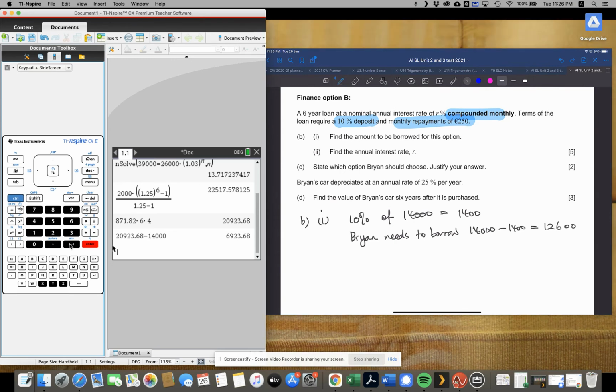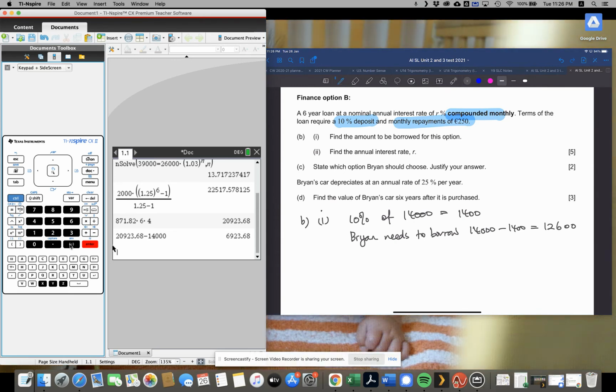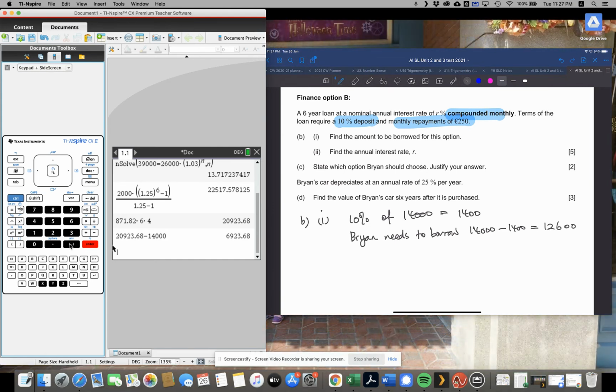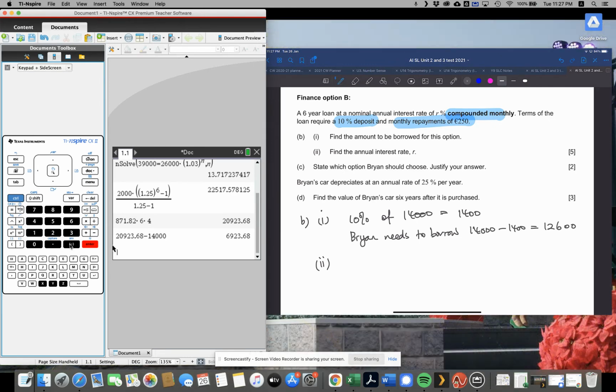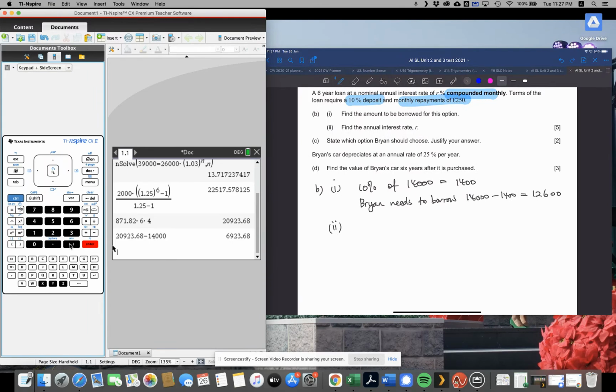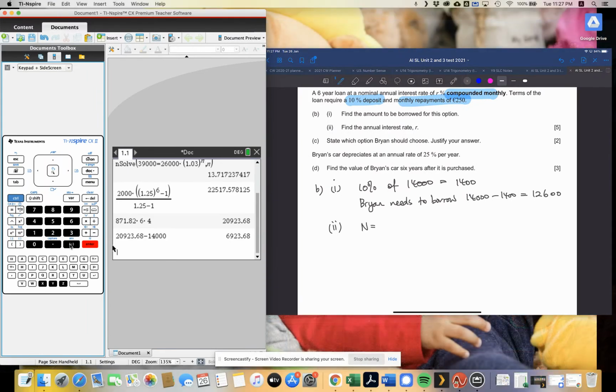That's how much he needs to borrow. The first 1,400 is already paid for. Part 2. You have to figure out, what's the interest rate in order for him to pay off the loan in 6 years? So let's go back to the financial app.